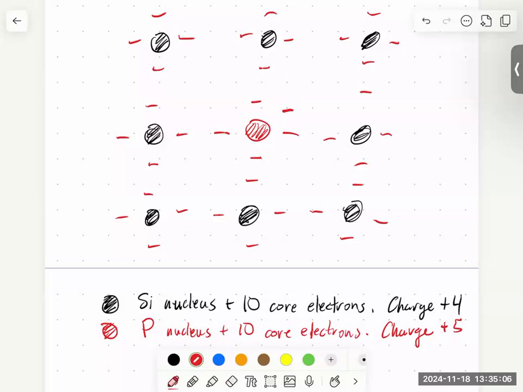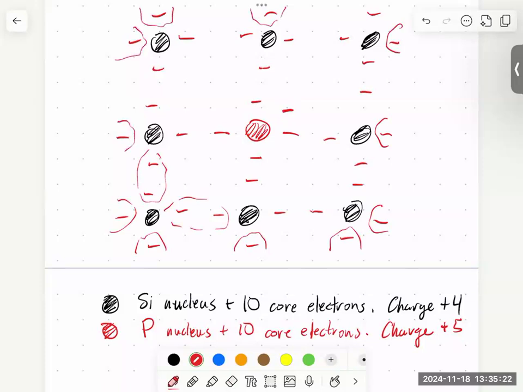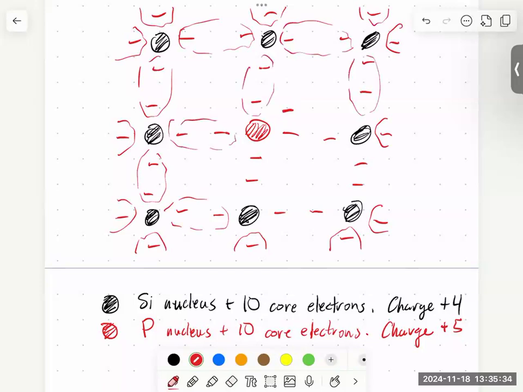The same thing happens. We still have covalent bonding, and so we can draw all those covalent bonds again. Here we go. And you can probably imagine what's going to happen is we're going to make all these covalent bonds with our nearest neighbors. But then once we're done, we're still going to have an electron left over.